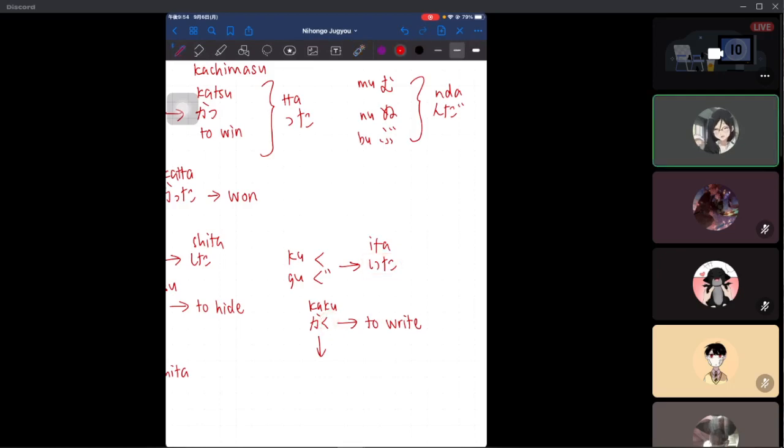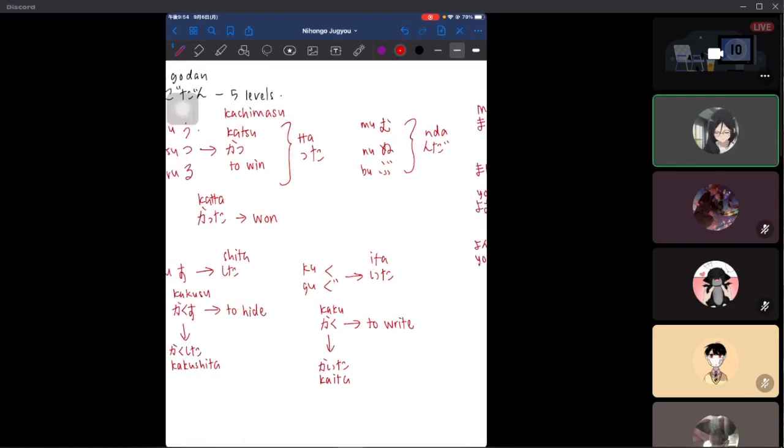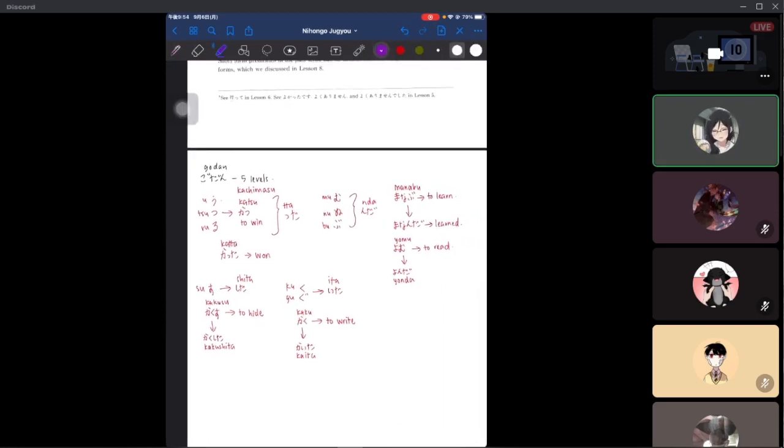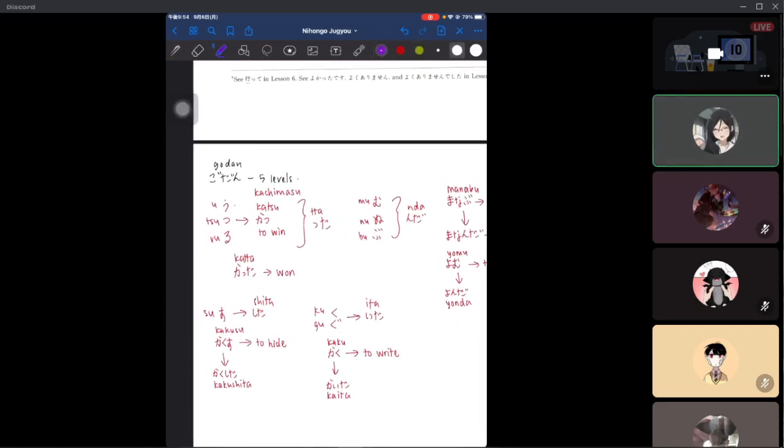So it will become kaita, which is wrote. I wrote a letter, for example. 手紙を書いた. So basically this is the formula for conjugating a godan verb, the 5-level verb, into past tense short form.